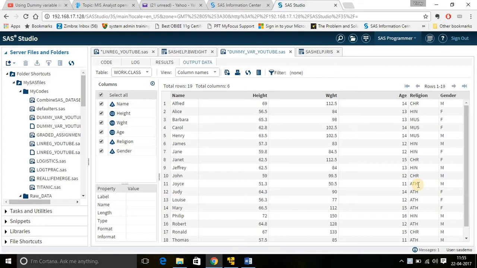If we do it like 1, 2, 3 and 4, that means the fourth category, atheist, is higher than Christian, because Christian is 1. So numerically it seems that atheists are higher than Christians. So it gives us a sense of an order: 1 is less than 2, 2 is less than 3, 3 is less than 4, like that.